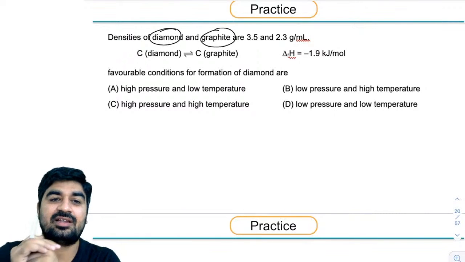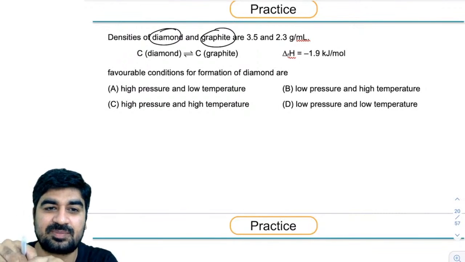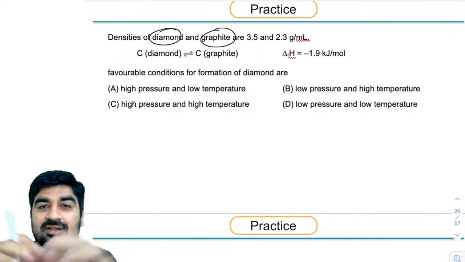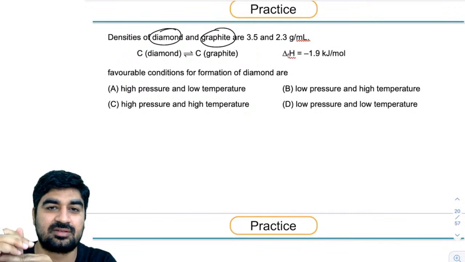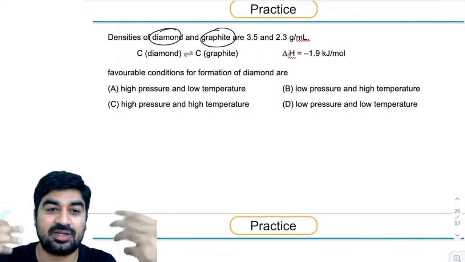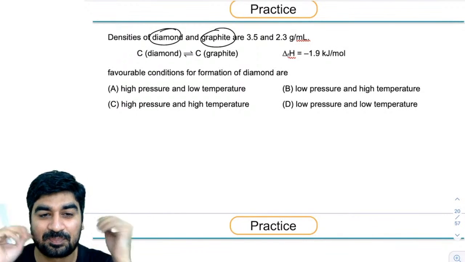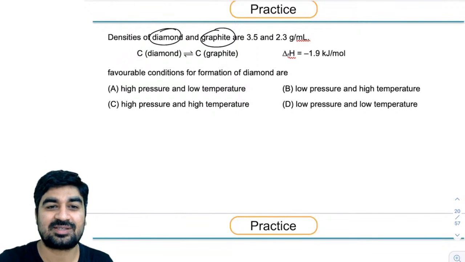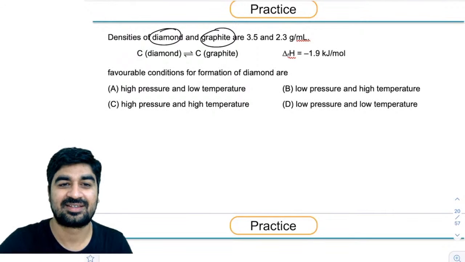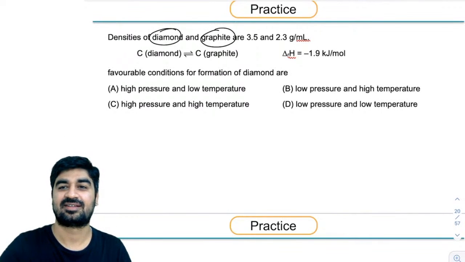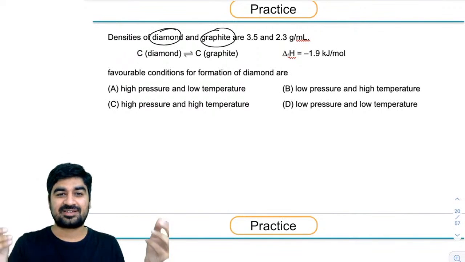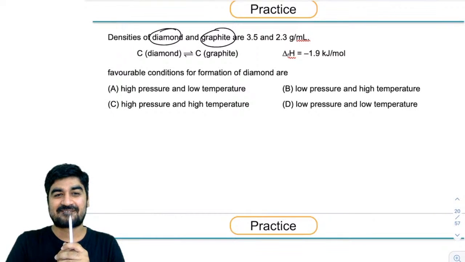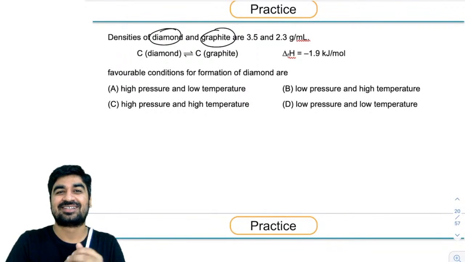So till this point we have done Le Chatelier's principle, and what I told you is that if you are increasing the pressure, the reaction will move in the direction where the number of gaseous moles is less. But here the problem is there is no gas.